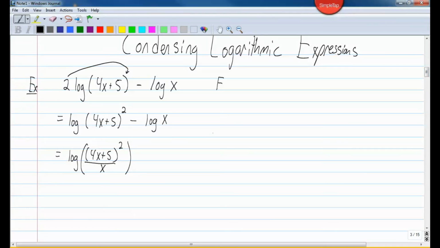Alright, let me do another one. Let's say that I had 1/2 log of x plus 4 plus 4 log of x minus 3 log of y squared minus log of z.